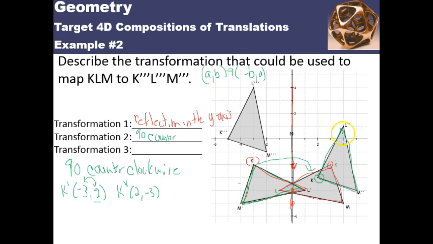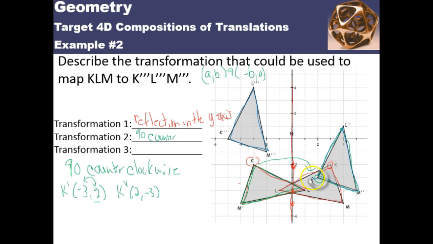Okay, now we just have to figure out how we get, so let me get a new color pen. How do we get from this one, the K double prime, to the K triple prime? And this looks to me like a translation. And so let's figure out how far we translate it.